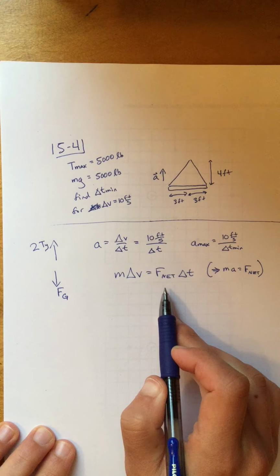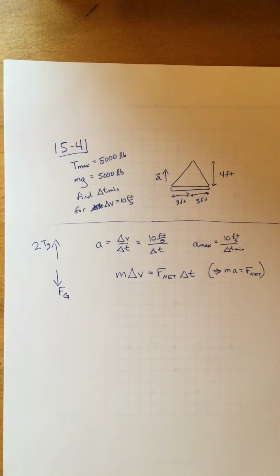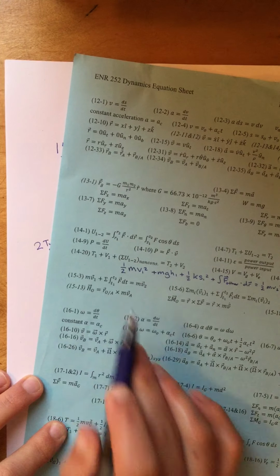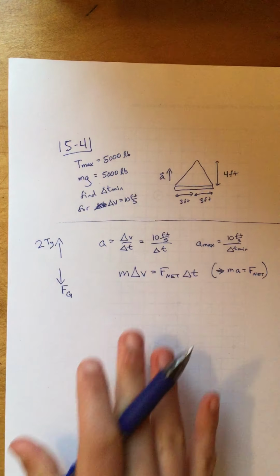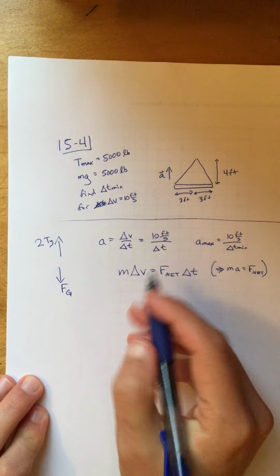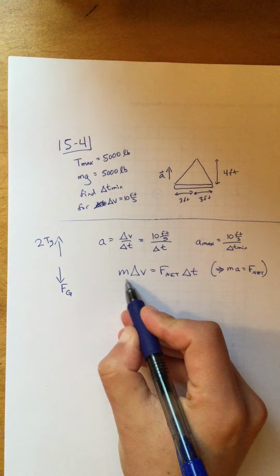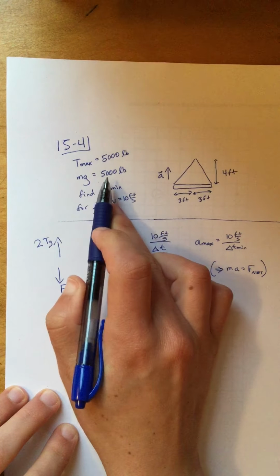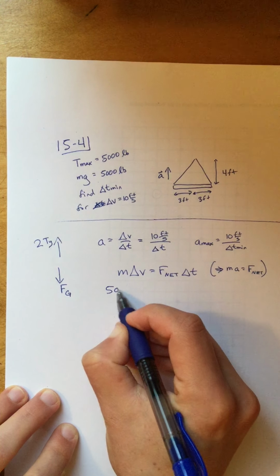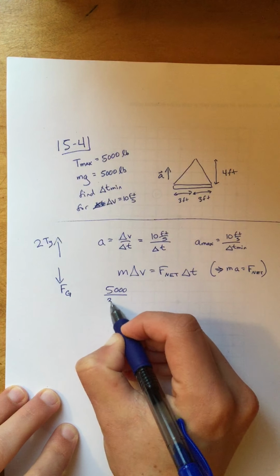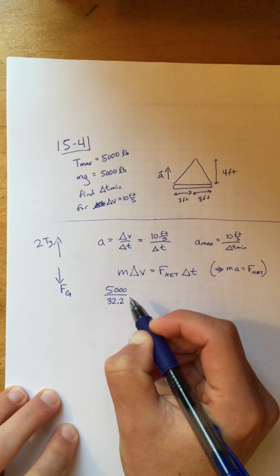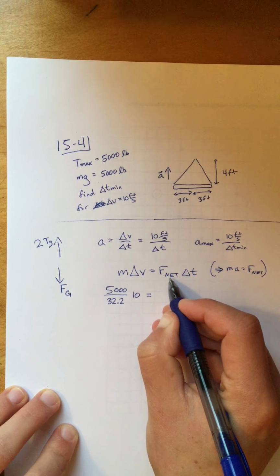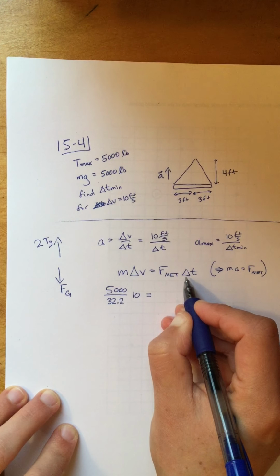Just looking in the y direction, equation 15.3 is a vector equation. We are looking just at the y components here. And I have the mass times the change in velocity. The weight was given to me, so the mass is the weight of 5,000 divided by 32.2 times 10 feet per second is equal to F net times delta t.